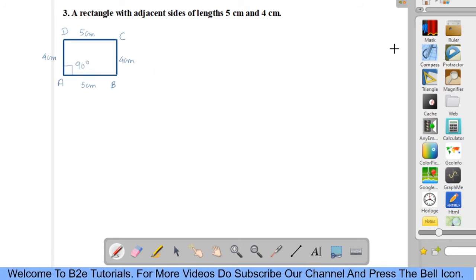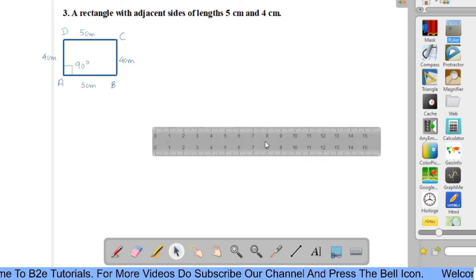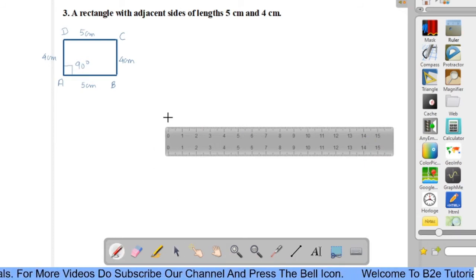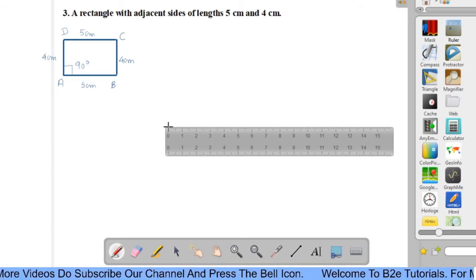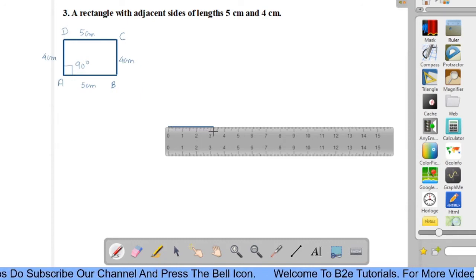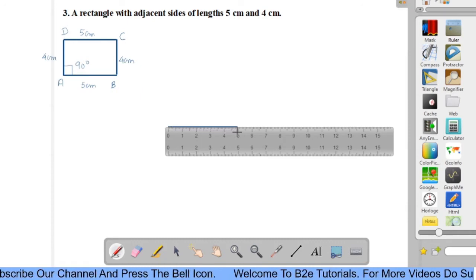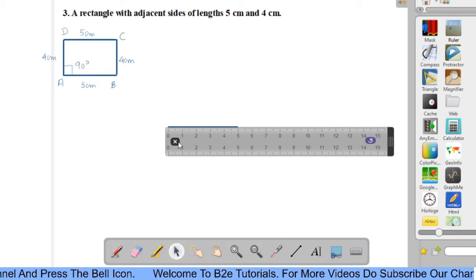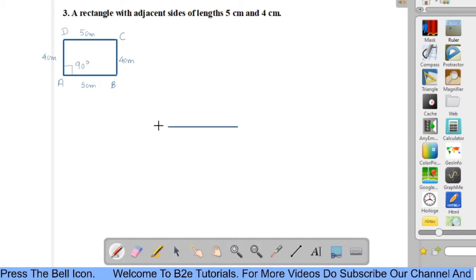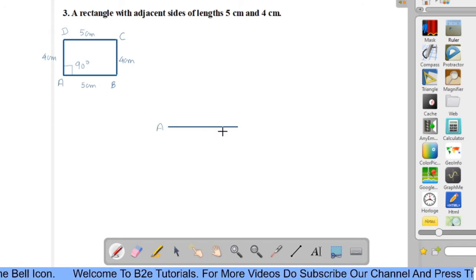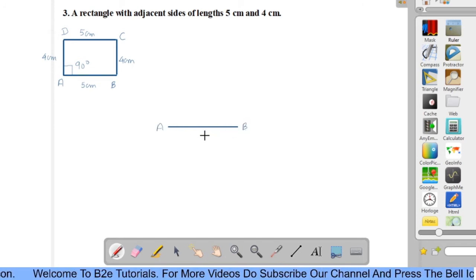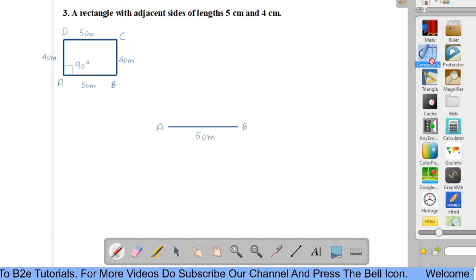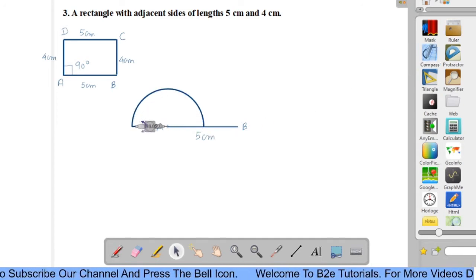Now let's start the construction. Here draw line segment AB equal to 5 centimeter. With center A, draw an angle of 90 degree.